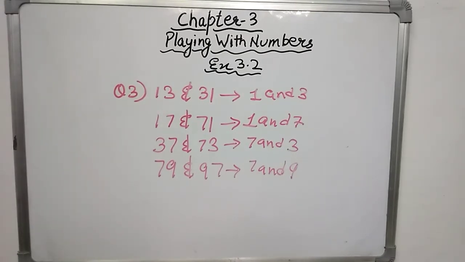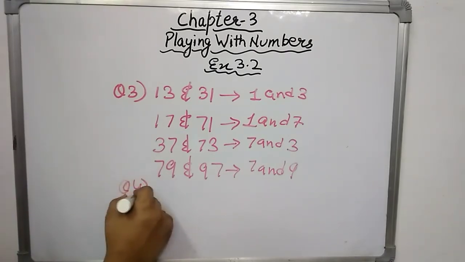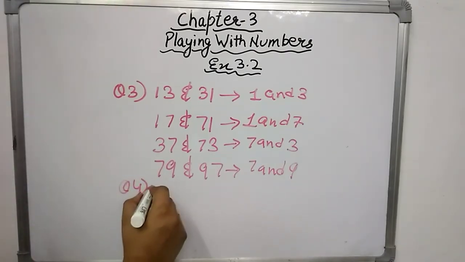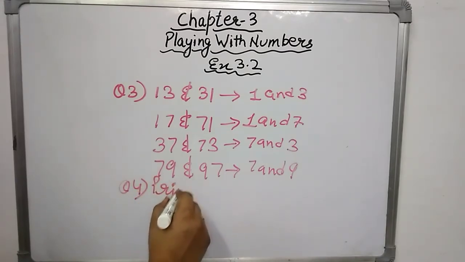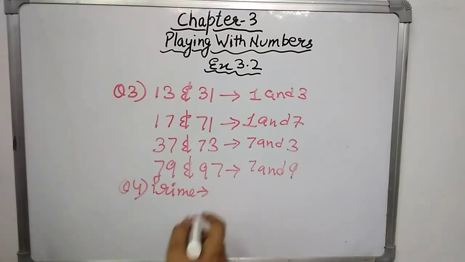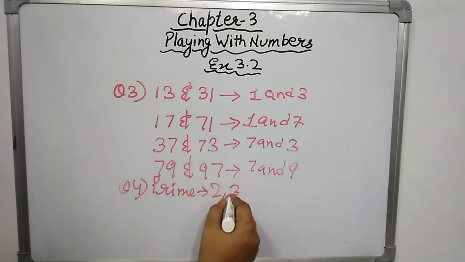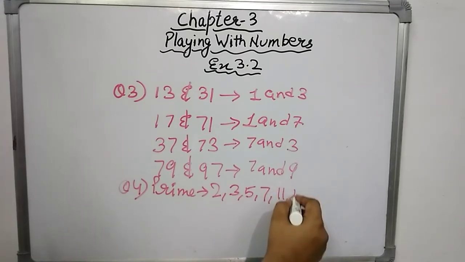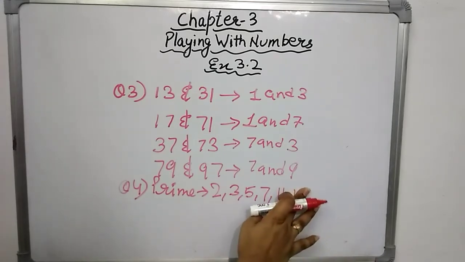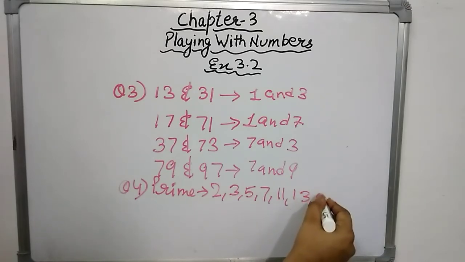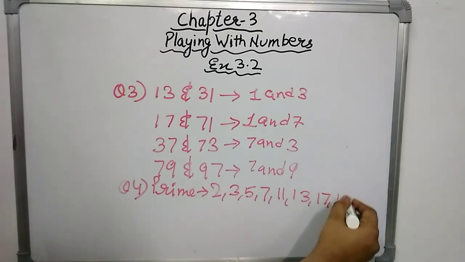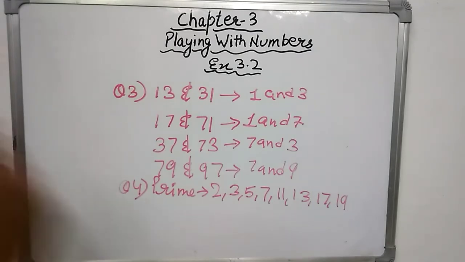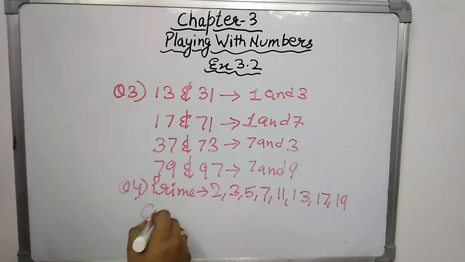Question number 4. Write down separately the prime and composite numbers less than 20. Firstly, we will write prime numbers. Prime numbers start with 2. Then we have 3, 5, 7, 11, 13, 17 and 19. Less than 20, these are the only prime numbers.